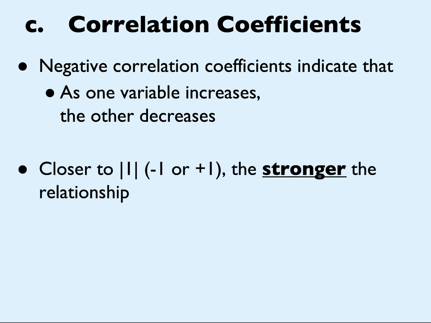Now, the closer you get to the absolute value of 1, whether it's negative or positive, the stronger the relationship. So what do we mean? We mean, for example, a correlation of -0.87. I'm writing with my finger on my touchpad, so it's kind of messy.